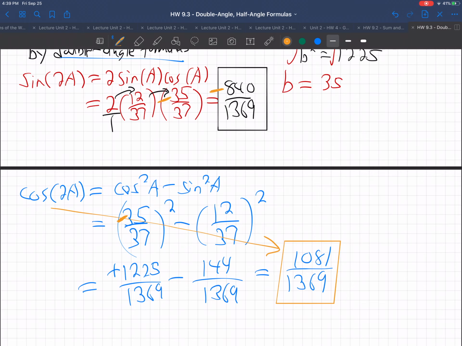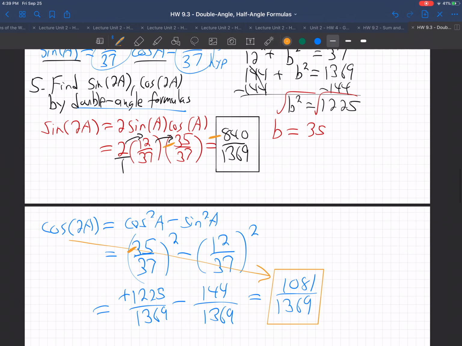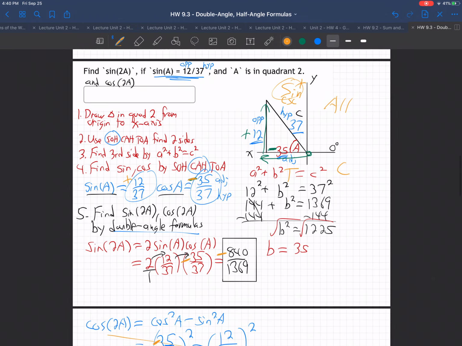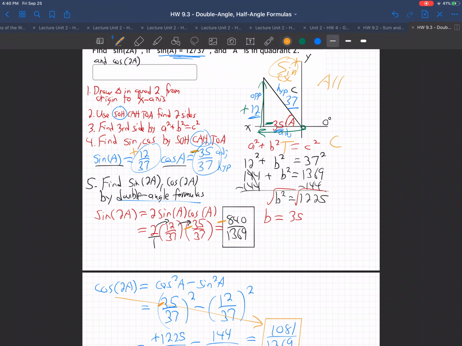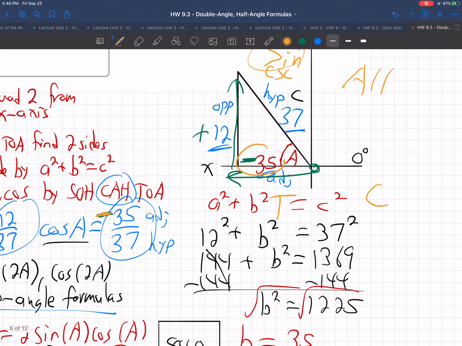So the cosine of the double angle actually comes out positive, doesn't it? And the sine of the double angle comes out negative because that 35 was negative. So again, when you make these triangles, you've got to get your signs right. This is a negative 35 because from the origin it's back 35, up 12 to this point. So the 12 is positive, the 35 is negative.